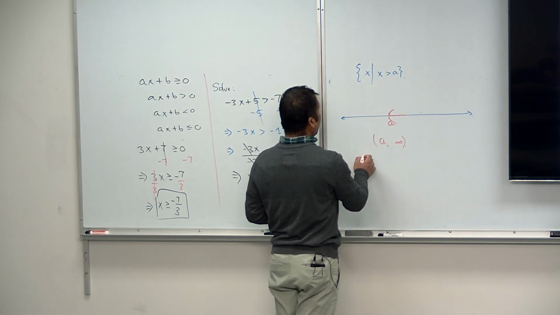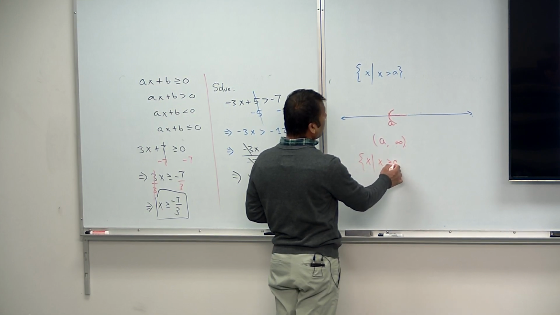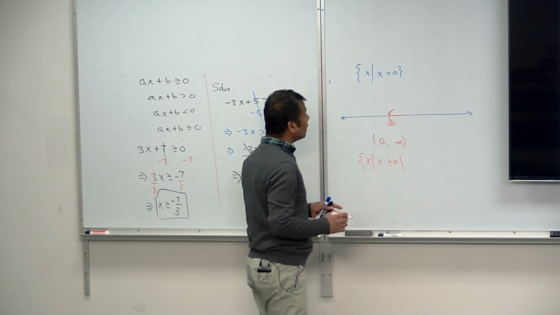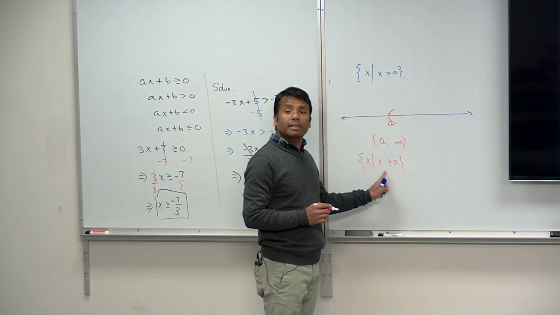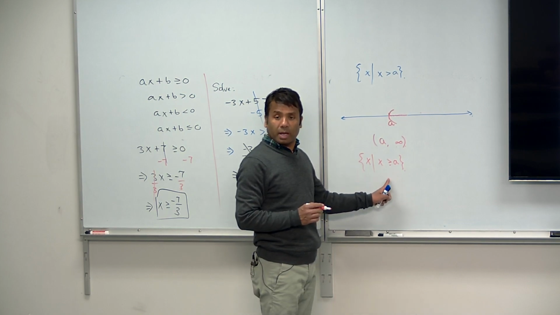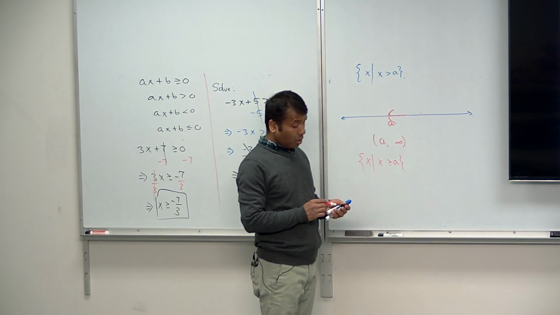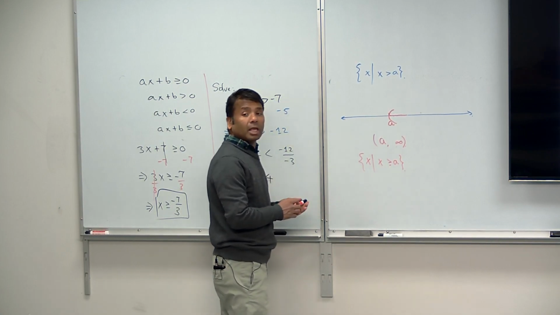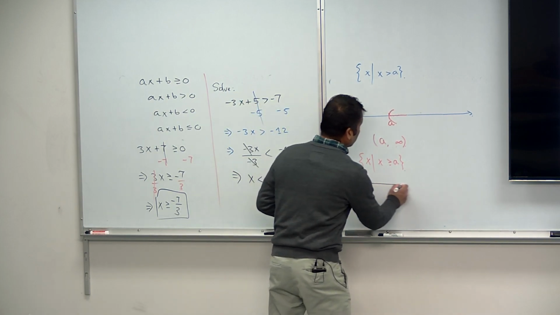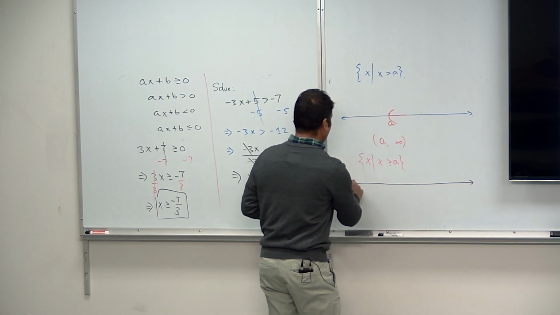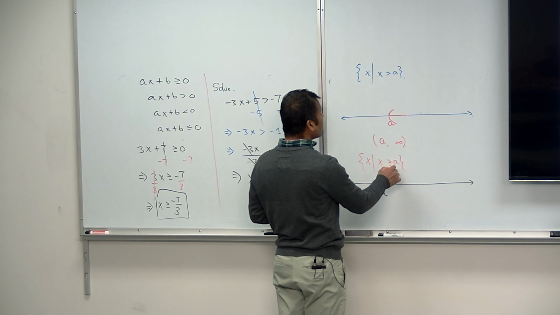And then let's say you have a set of all x so that x is greater than or equal to a. Now this set also consists of what? A. A is included here, right? X is greater than or equal to a. So if you include a, you have to put a bracket. So now this is the number line, right? You have a here, and x is greater than or equal to a.